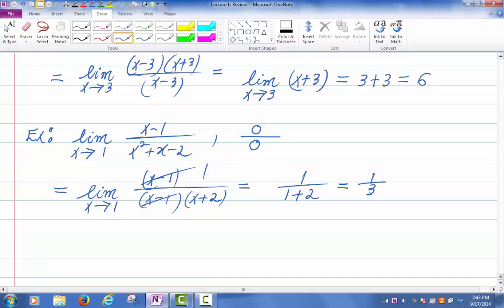You're going to have similar problems in your homework. If you just remember the trick, 0 over 0, factor it out. Again, I tell you one thing, that every time I taught this, somebody will say, when I plug in, I get 0 divided by 0, therefore the limit is undefined. The function is undefined, but the limit is not undefined. Is that okay?